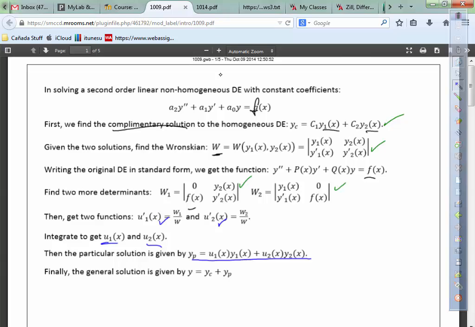Well, you have to find two more determinants. Hey, yeah, this looks kind of similar to the Cramer's Rule thing, huh? So this looks like the Cramer's Rule we were just doing. We got the W1 and W2, and then the W, which is equal to this. Let's see if we can backtrack our pieces together.